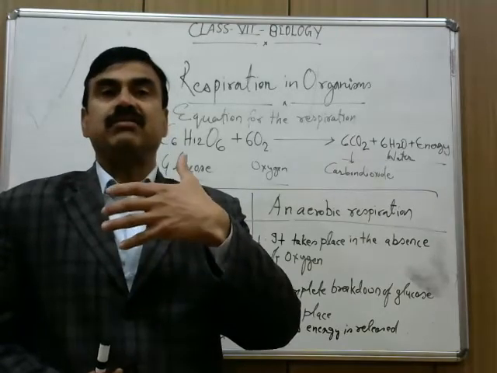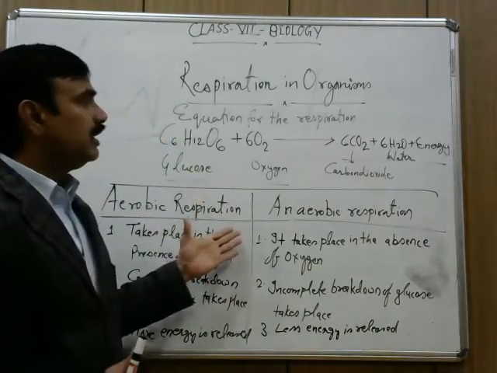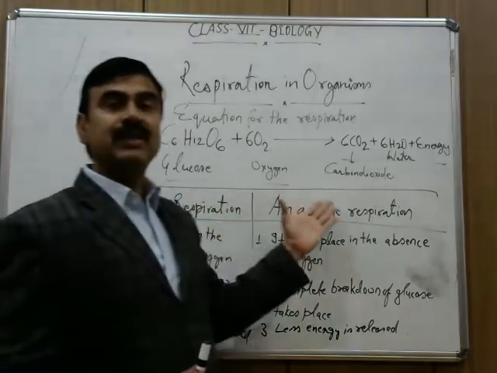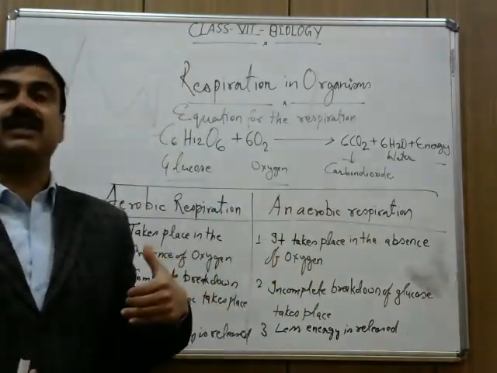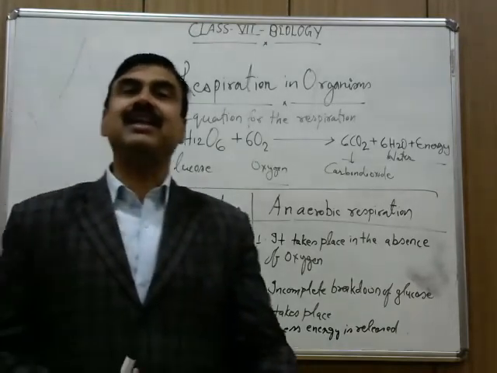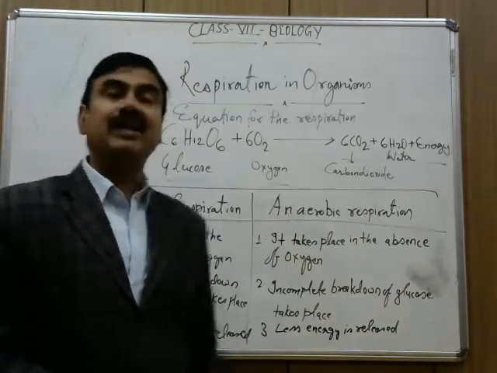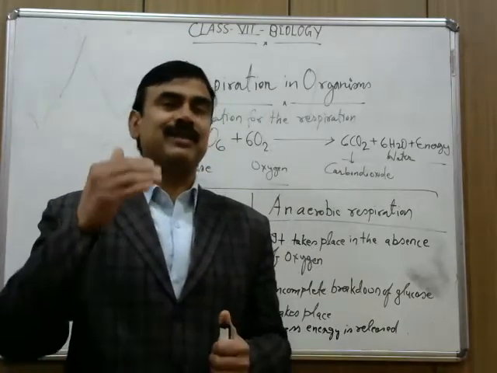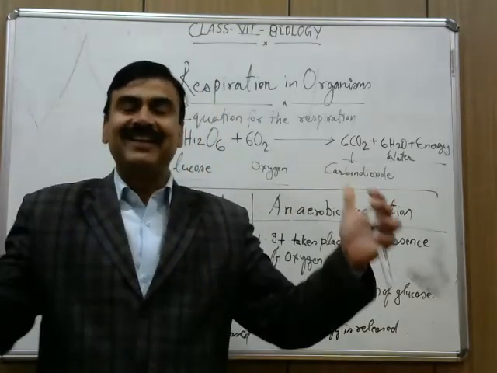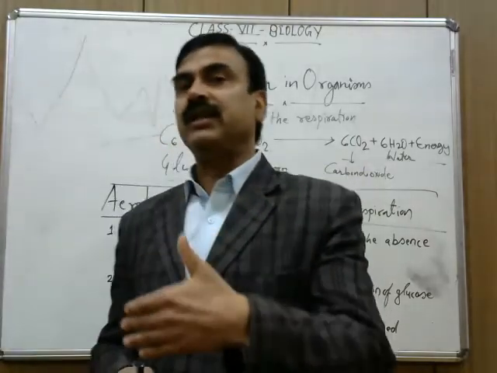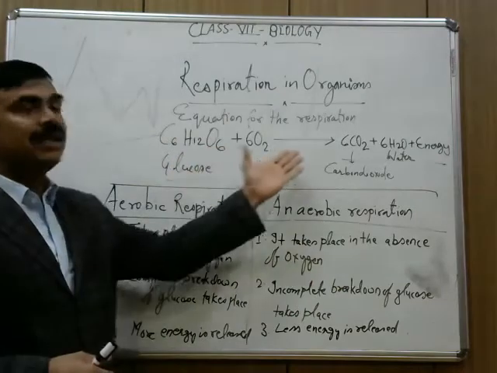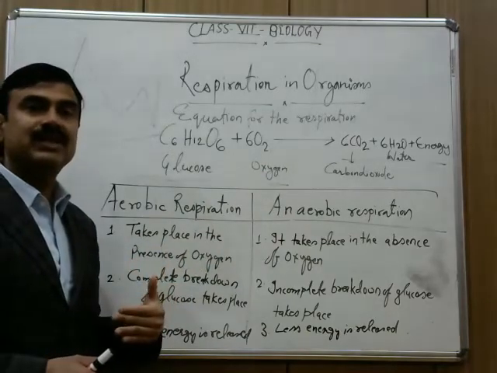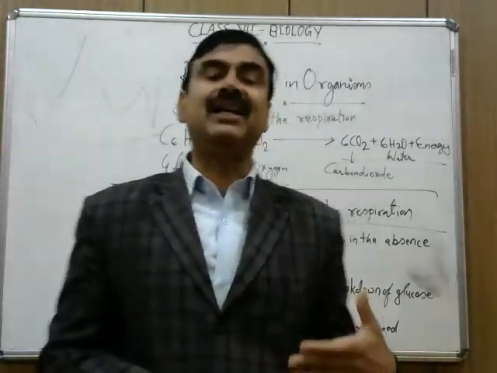Take sufficient revision: what is obtained in respiration, types of respiration, aerobic and anaerobic, what happens in anaerobic respiration, and how much energy is released in each. Before drawing the diagram of the human respiratory system, the trachea, bronchus, bronchioles and alveolar sac, it was very important to clear the doubt regarding this chemical equation, because there would be questions in the examination on the difference between aerobic and anaerobic respiration, and between breathing and respiration.